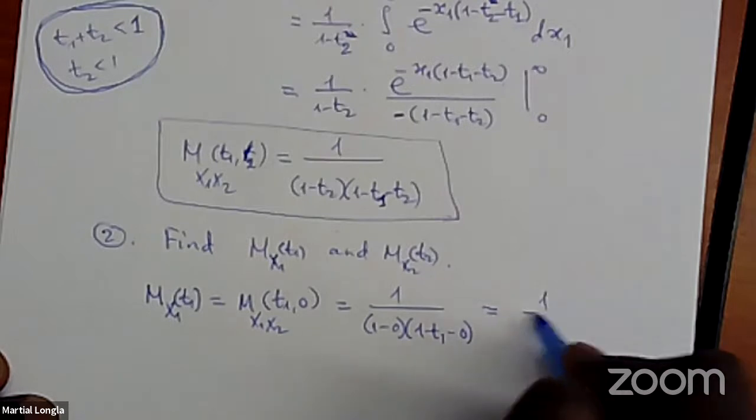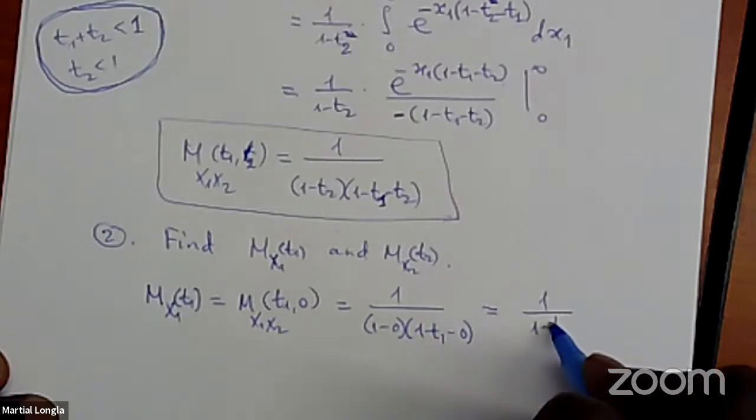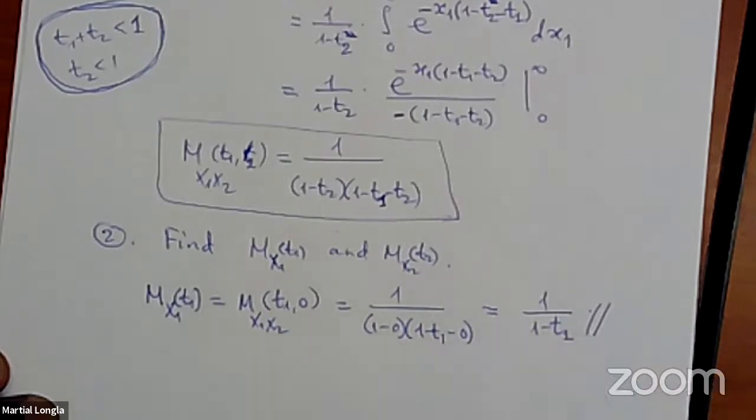So that is 1 over 1 minus t1. So this is the moment generating function of x1.